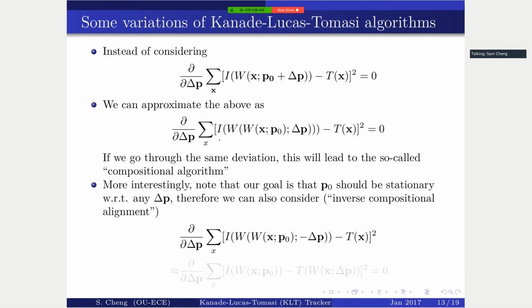Note that I just want this gradient, or this derivative, equal to 0. And delta P is kind of a dummy here, so I can say my delta P goes in that direction, but I can also have delta P in the opposite direction. I can consider minus delta P also. So I can also say this one should go to 0, or the derivative of this one goes to 0.